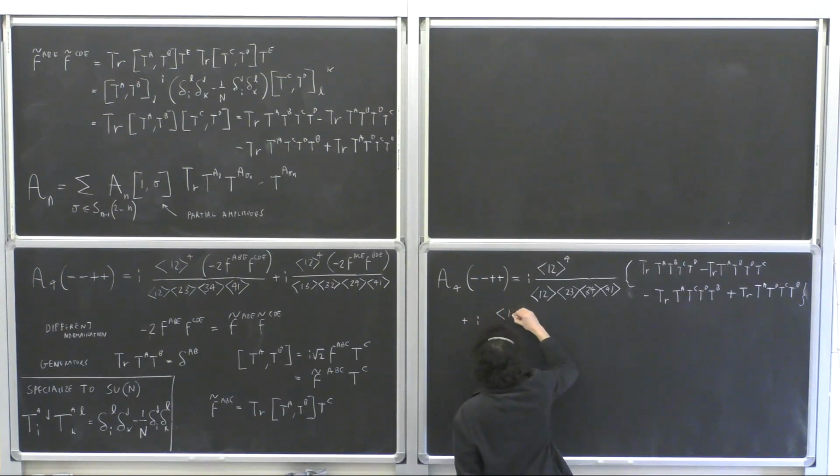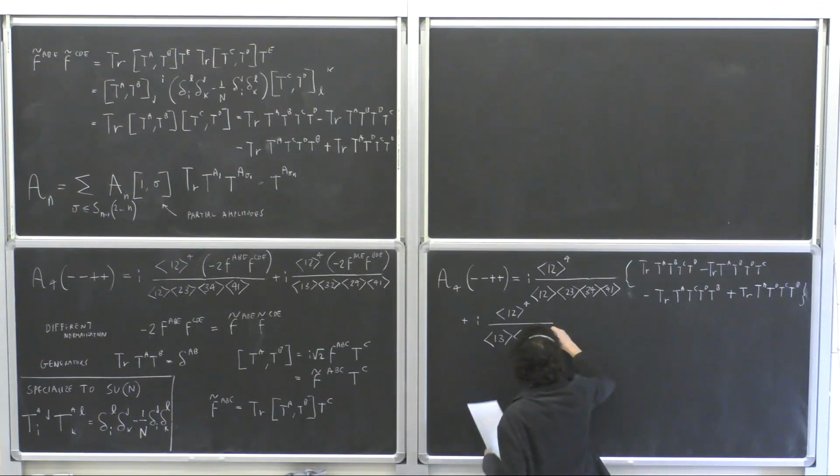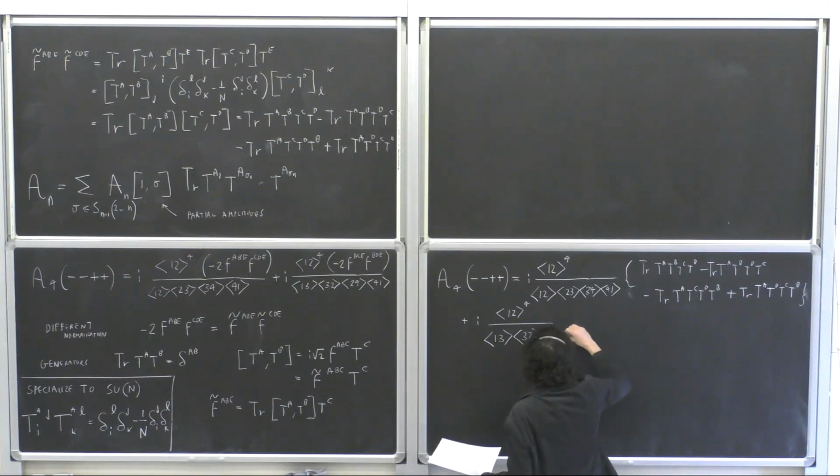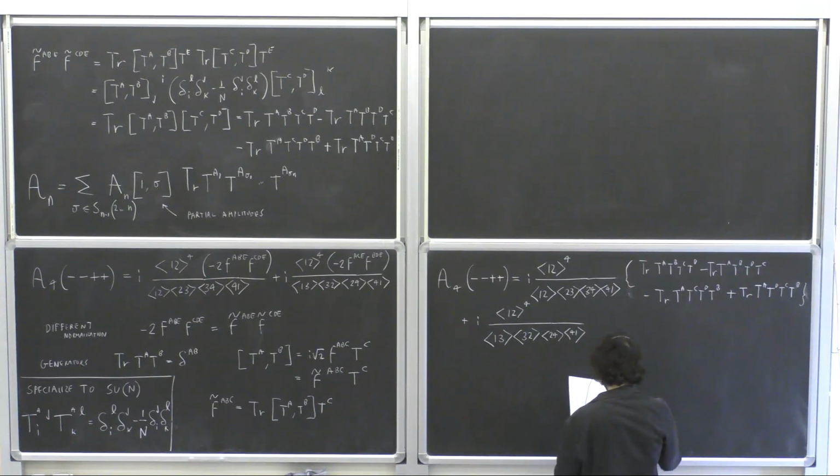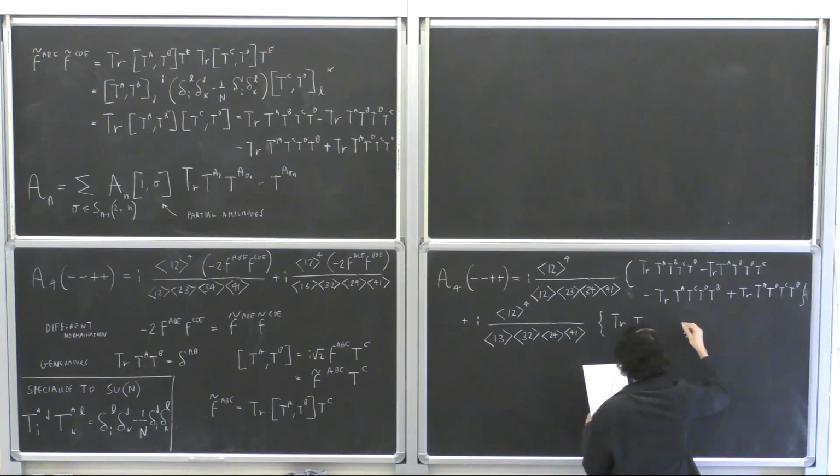And then there is another term, 1, 2 to the 4th, and here there's a different ordering in the numerator. So 1, 3, 3, 2, 2, 4, 4, 1, factor of I, and here we have different orderings.